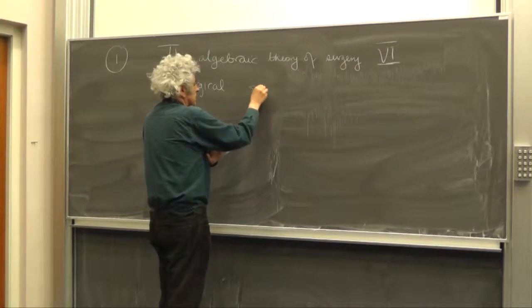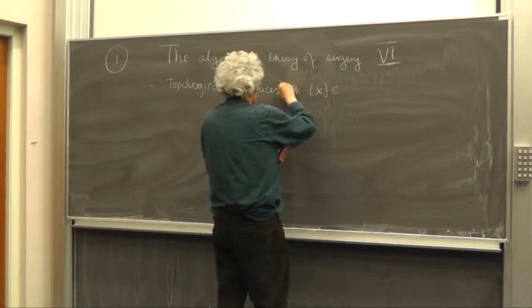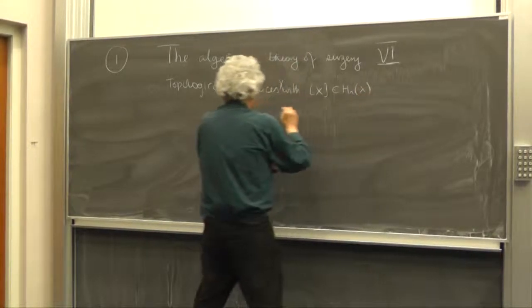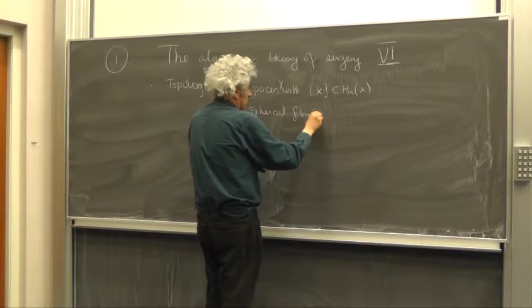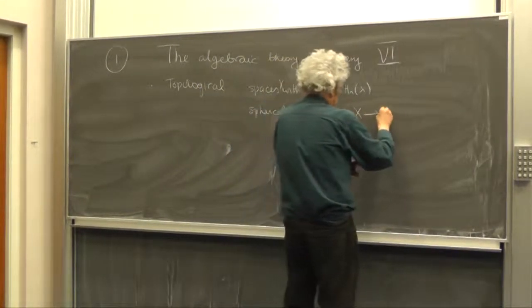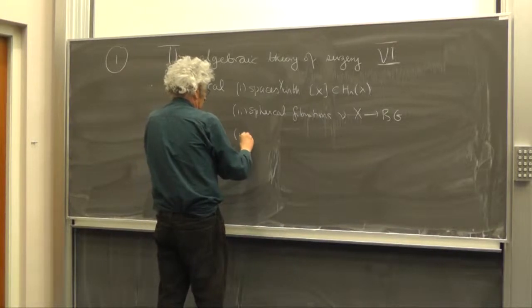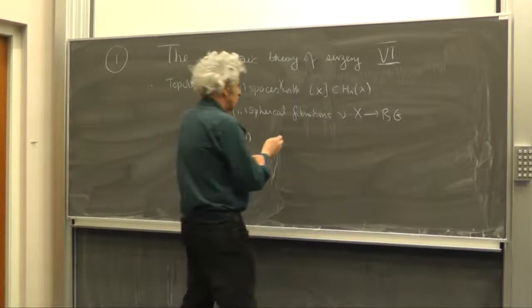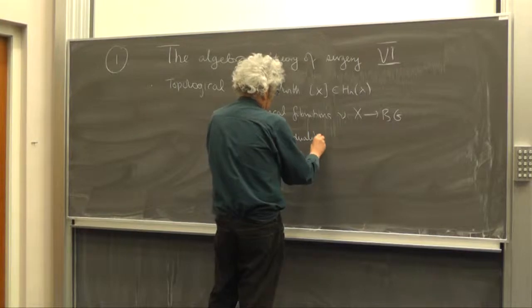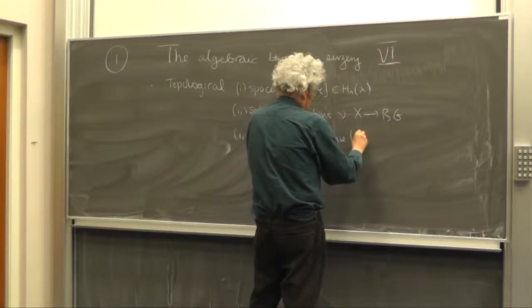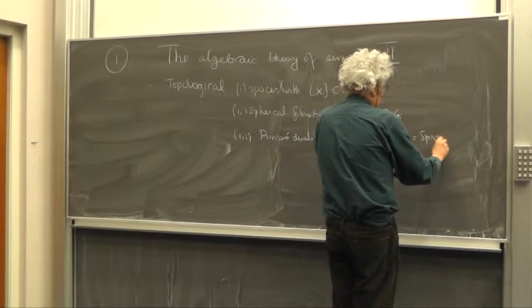is going to be spaces X, spherical fibrations, one, two, three, Poincare duality spaces, the Spivak normal fibration.